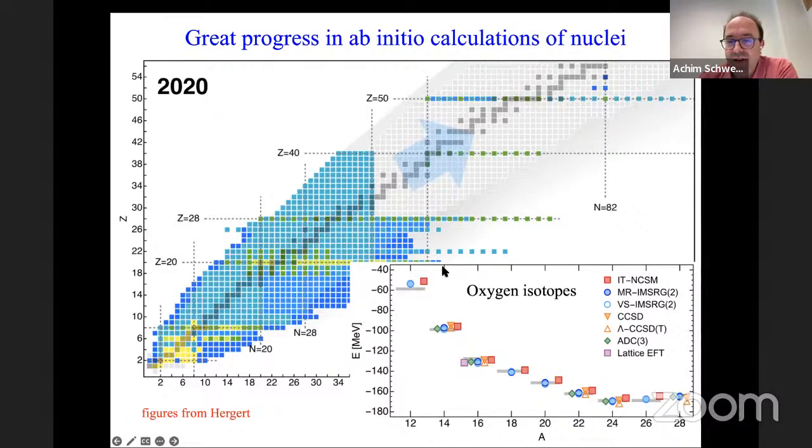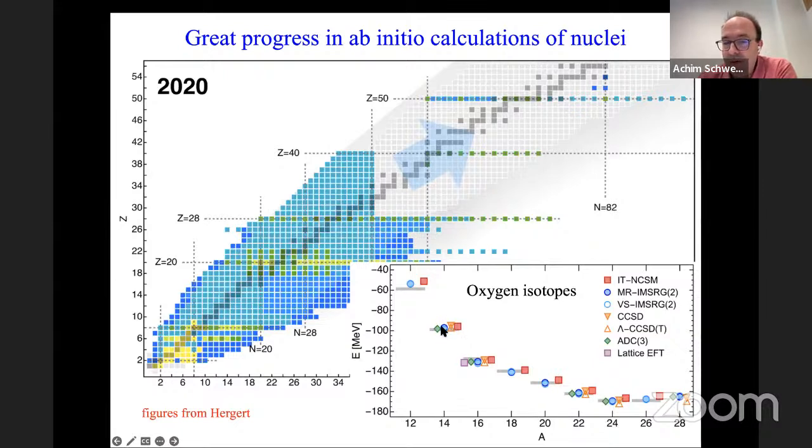And here is an example for the oxygen isotopes, from the most neutron deficient or proton rich oxygen isotope all the way up to the neutron drip line at oxygen 28 and even beyond. You can see a whole bunch of symbols. These are all different many-body methods that start from 2 and 3 body interactions and agree within, let's say, a few percent uncertainty.